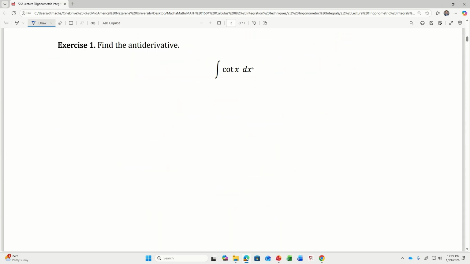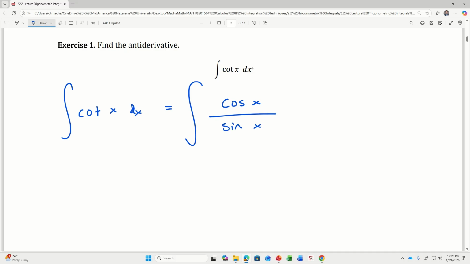Similarly, if you had the antiderivative of cotangent, what you would need to do is remember that cotangent is equal to what divided by what? Cosine over sine. And I would recommend a u substitution.